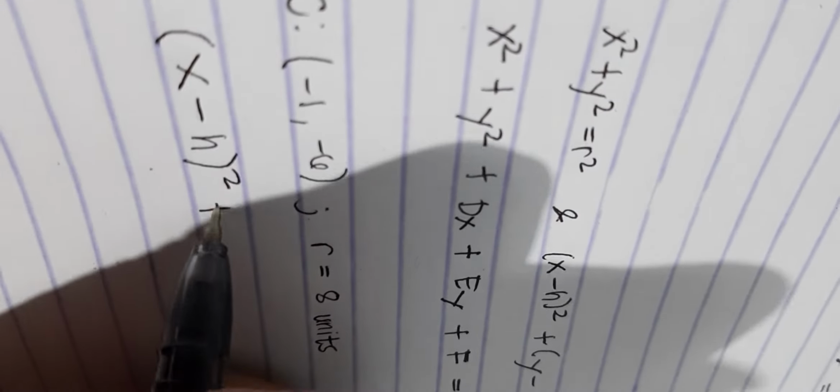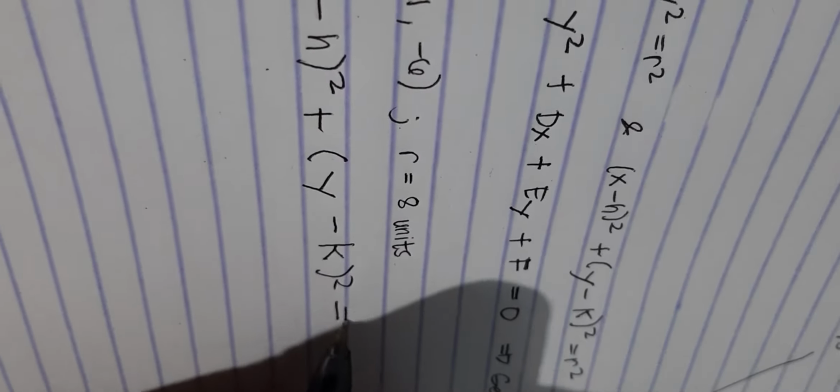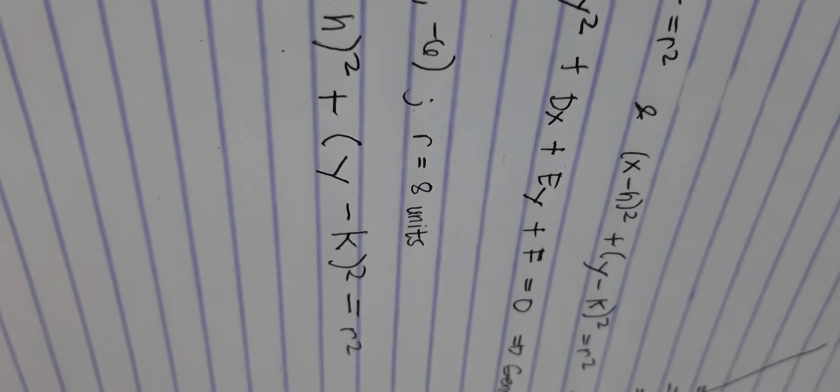So we have the quantity of x minus h squared plus y minus k squared that is equal to the radius squared.